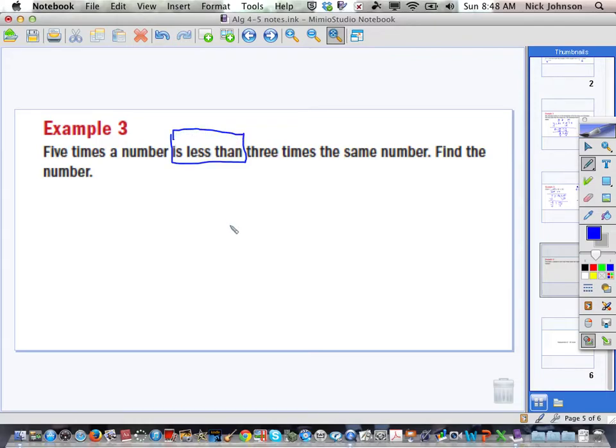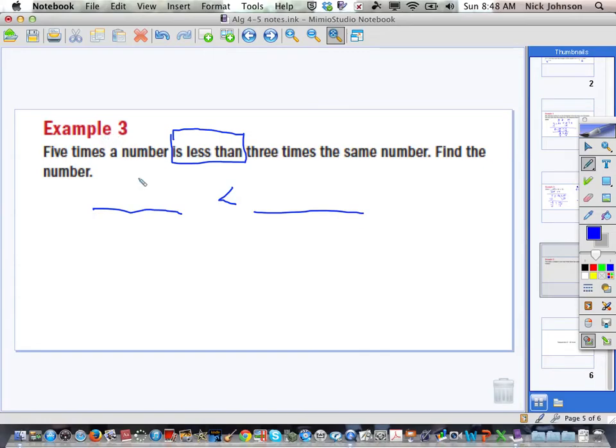Is less than is wording for an inequality sign. What's that inequality sign? Well, is less than means the arrow points to the left. Okay, so whatever this is less than this.